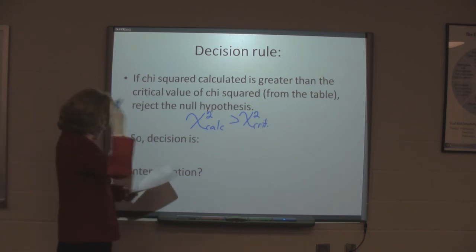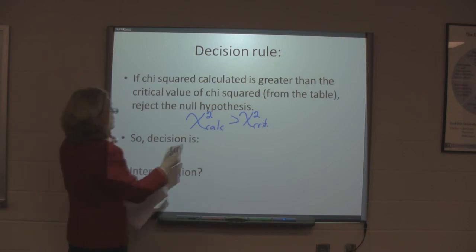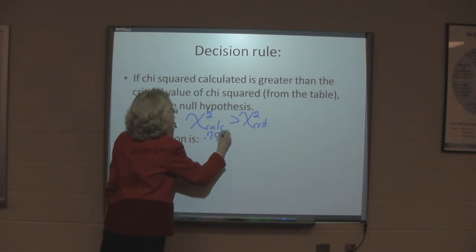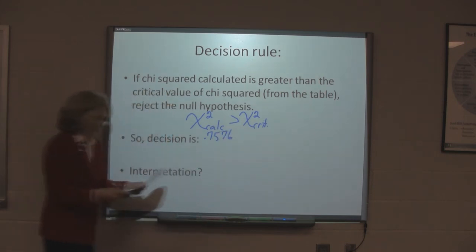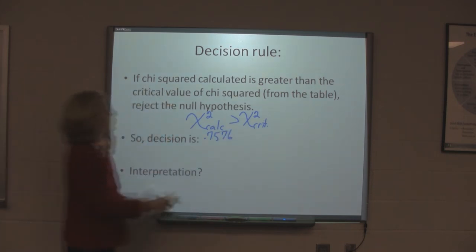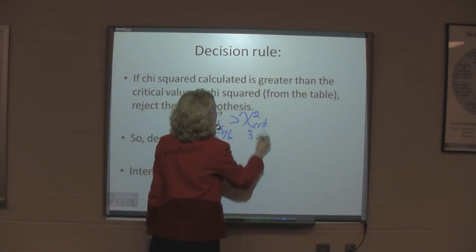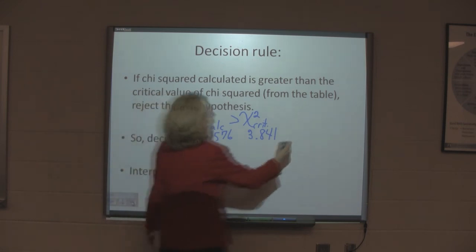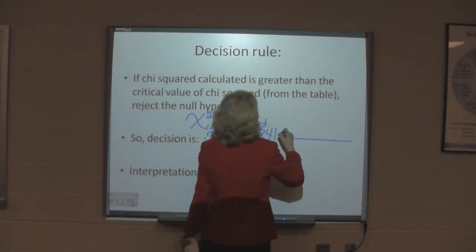Okay, so the calculated value of chi-square we said was 0.7576, and the critical value is 3.841.